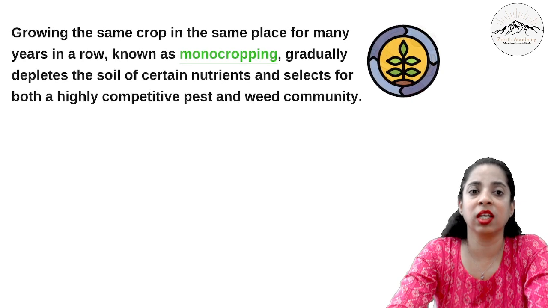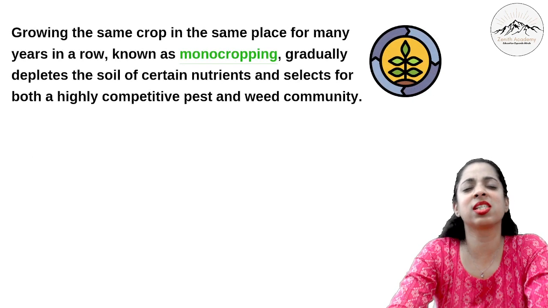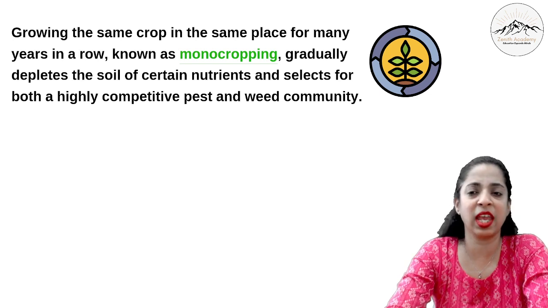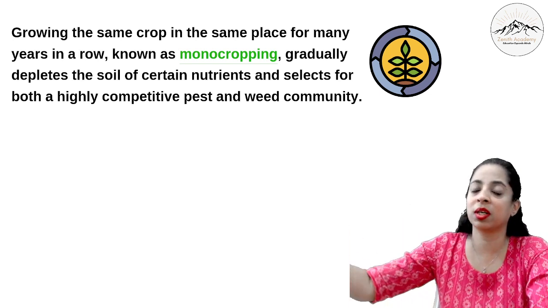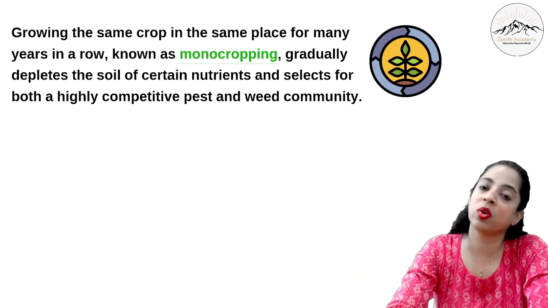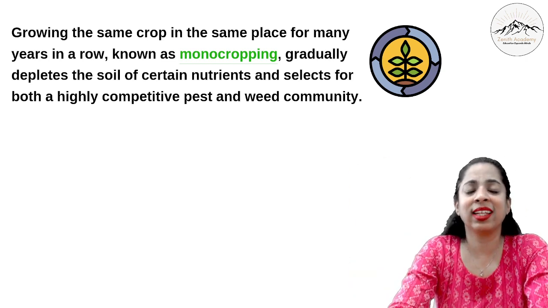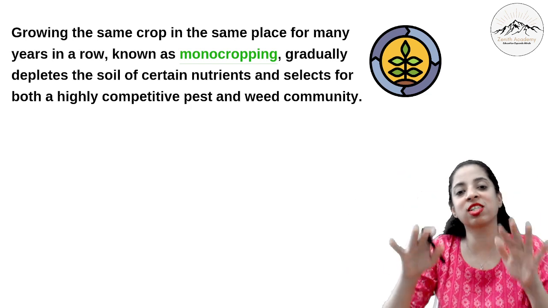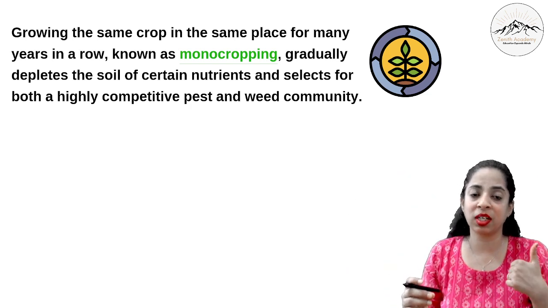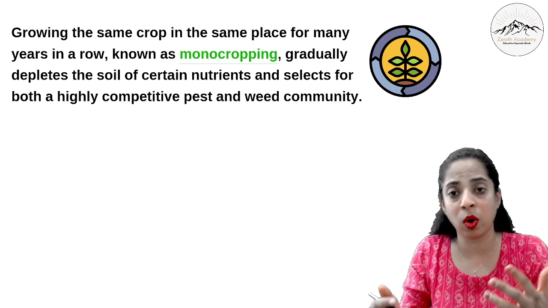crop rotation. See, growing the same crop in the same place for many years in a row is known as monocropping. One crop we are growing for a long time, every time the same crop. That is known as monocropping. Now this gradually depletes the soil of certain nutrients and selects for both a highly competitive pest and weed community. Now what does it mean?